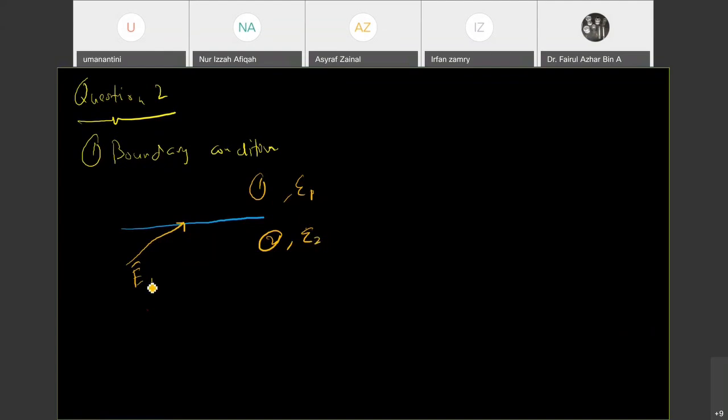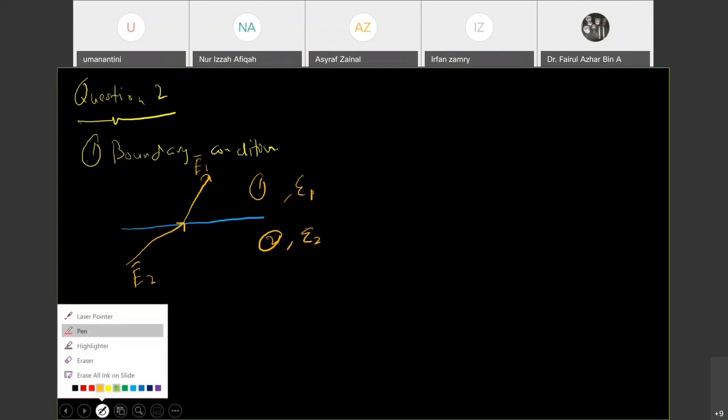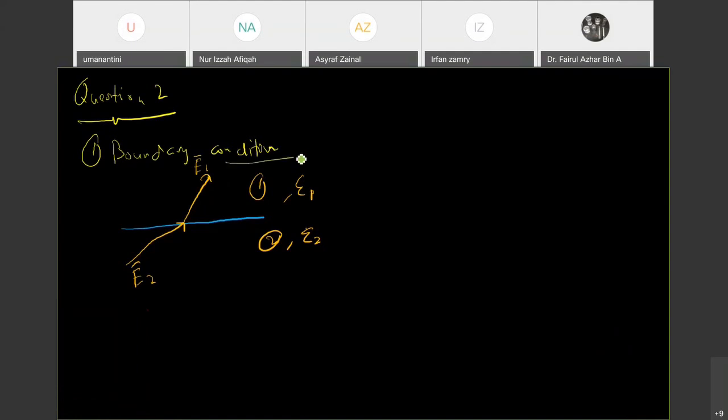Inside this first medium we produce another vector that represents the electric field intensity. So if you are given the expression that represents E1, for example, you need to find the expression for E2.